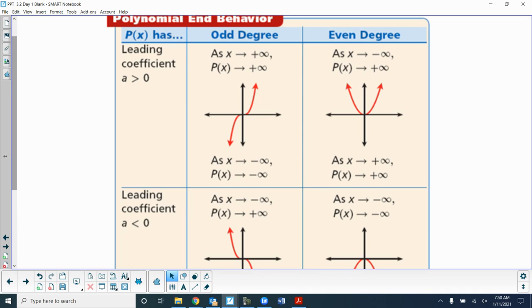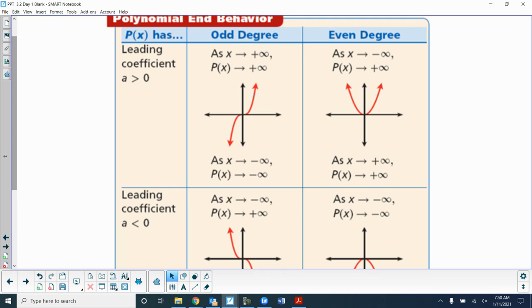And that first number in front of that x, usually it's an x, but sometimes it's a different letter, if that's a positive number, the far right, this side, is always going up. Okay? Both of these. Okay? If the degree is odd, then the two ends go in opposite directions.